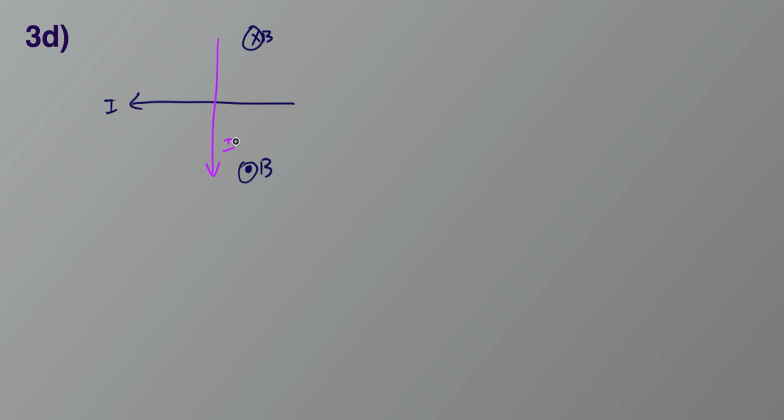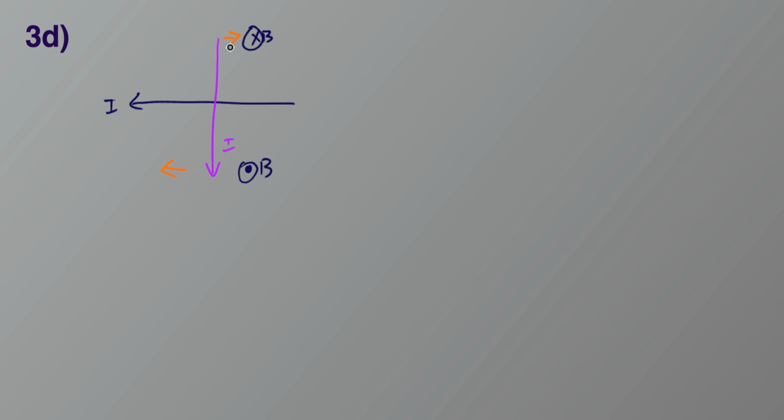I take a look at the magnetic force on that wire, and we have positive charge flowing down, magnetic field out, V cross B, so the magnetic force is going to create a force in that direction on this side of the wire. And up here, from figure 2's perspective on wire 1, we have positive charge moving this way, magnetic field into the plane of the page, which is going to create a force that way.